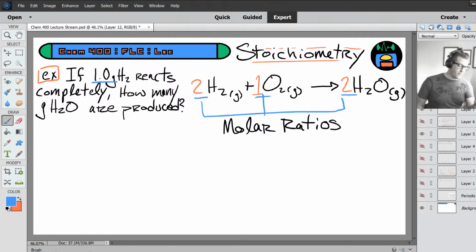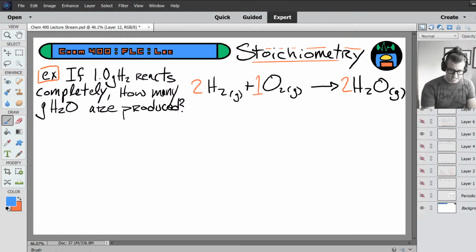So if we have 1 gram of hydrogen, we're going to make 1 gram of water. That is not the case, because these are not mass ratios. They are molar ratios. And so before you can use your balanced chemical equation to convert from hydrogen to water, you first must convert grams of H2 to moles of H2, and then you can do your mole to mole conversion. All right, so don't make that mistake.